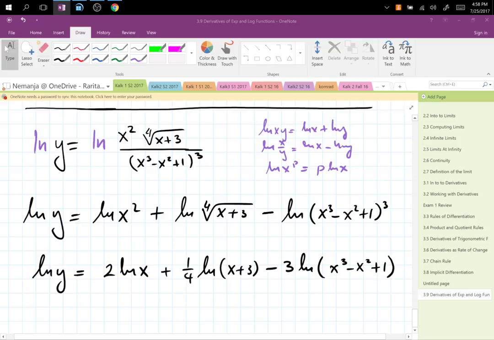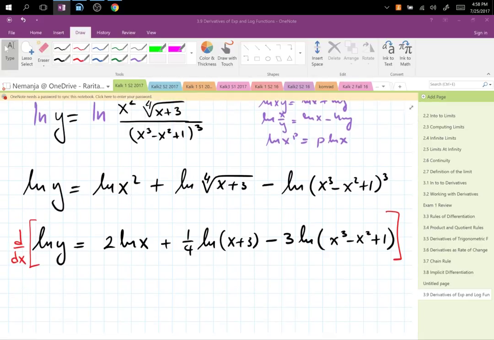And at this point it's very easy to take the derivative, because the derivative of ln functions is just the derivative of the function divided by the function itself. So on the left you have 1 over y dy dx. Remember implicit differentiation, right? The derivative of ln y must be 1 over y, followed by the chain dy dx. And the rest is easy.